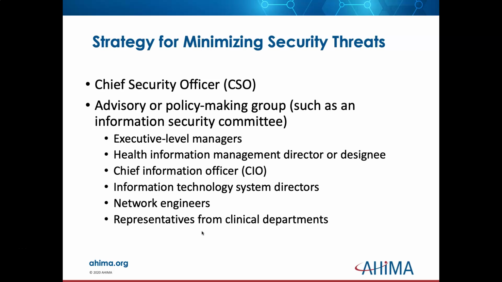All right, strategy for minimizing security threats. Well, one of the first ways is that most organizations have a chief security officer. They also have a chief privacy officer, but they have a chief security officer. It's someone who is responsible for making sure that data security protocols are in place and being maintained, and that the data is being protected and audited and all those types of things. They typically also have an advisory or policy-making group, such as an information security committee, an IT committee.